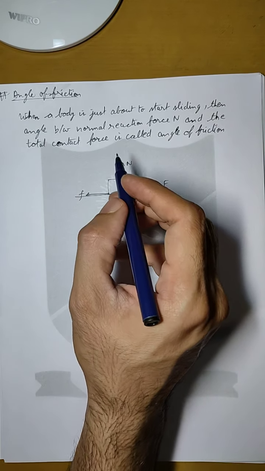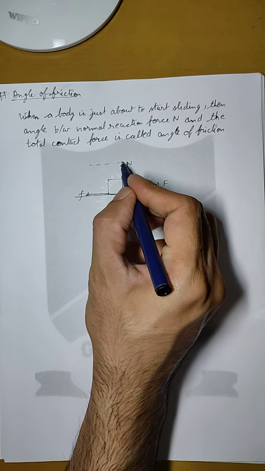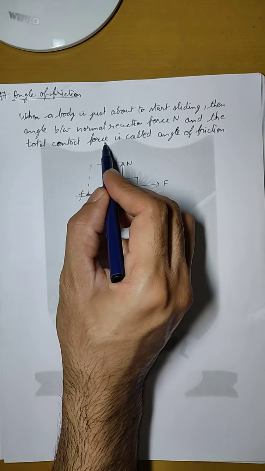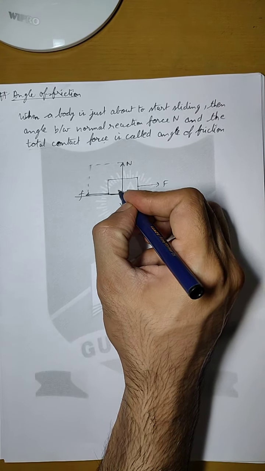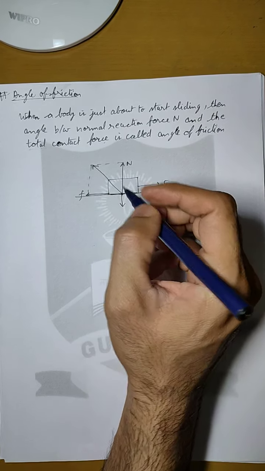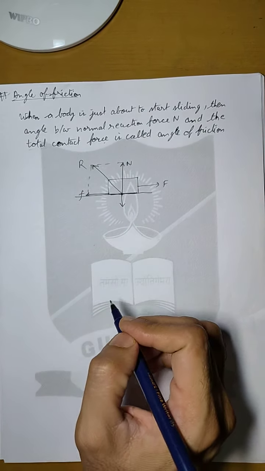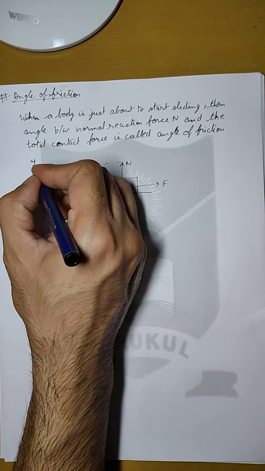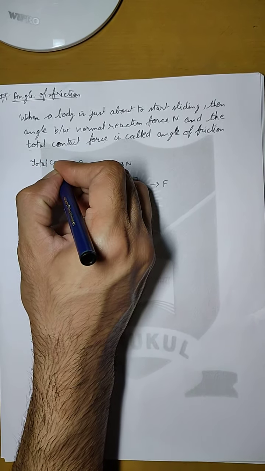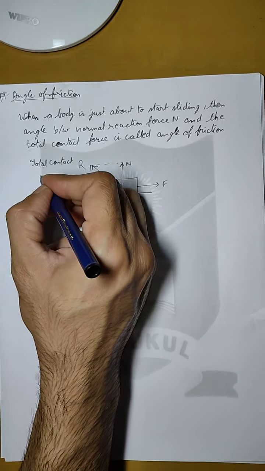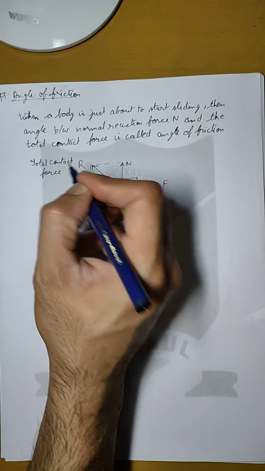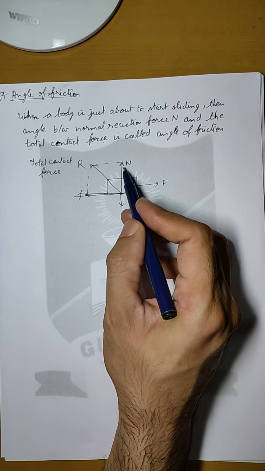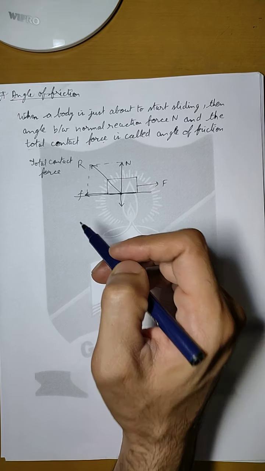If we find the resultant of these two forces, that would be called the total contact force. So the magnitude of this vector, let us say this is R, will be equal to the total contact force, which is the resultant of the two contact forces, normal reaction and friction force.